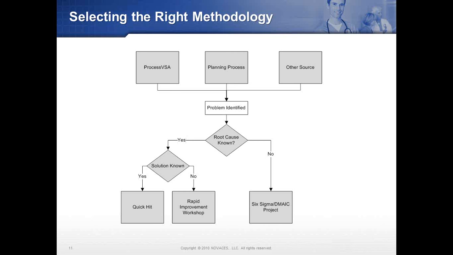If the solution is not known, then you do a rapid improvement workshop to define the solution. If the root cause is not known, like medication reconciliation, we had some assumptions, I'm sure you do too, but we weren't sure which of these many trivial X's were the critical X's for this hospital's process. In that case, Six Sigma DMAIC is the required methodology.